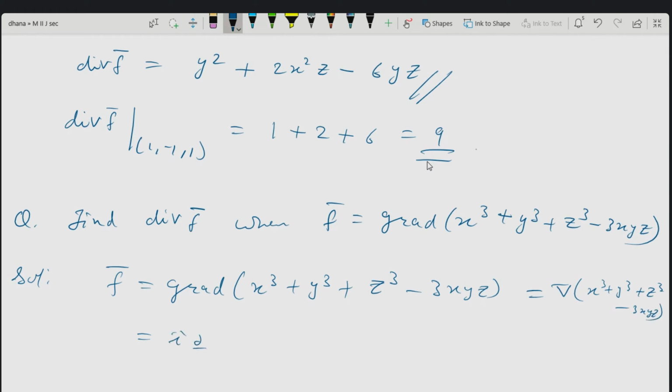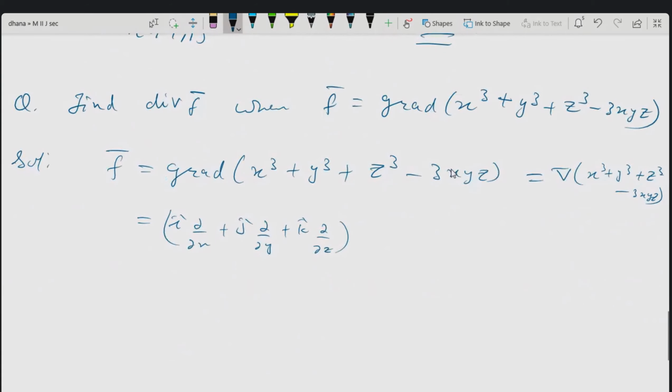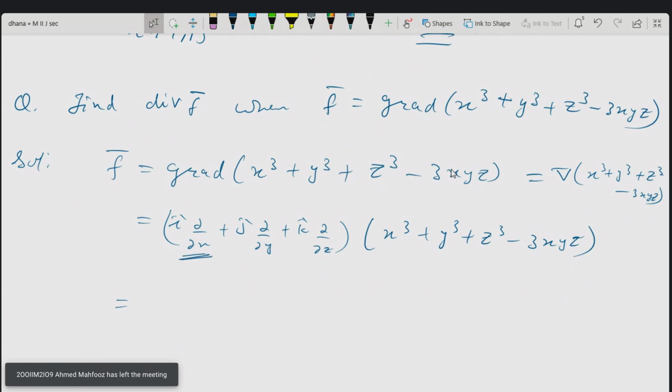It is i dou by dou x plus j dou by dou y plus k dou by dou z. This operator needs to be applied on the function x cube plus y cube plus z cube minus 3xyz. No dot product, no cross product in between. So each of these terms needs to be applied on all of this function.